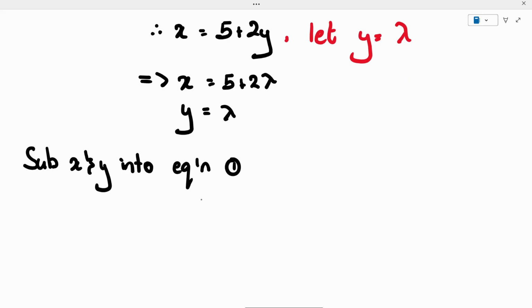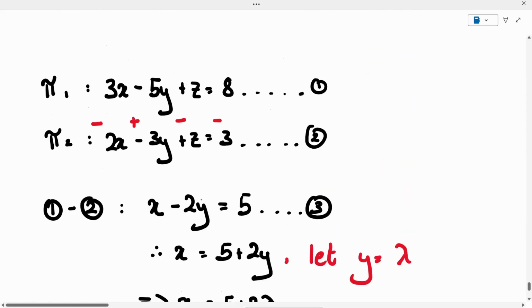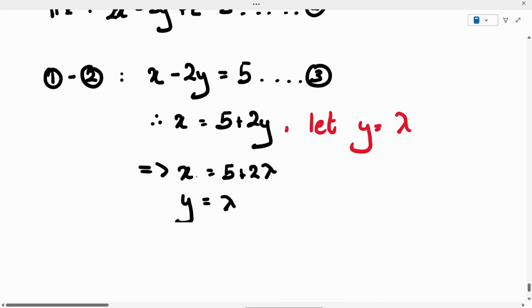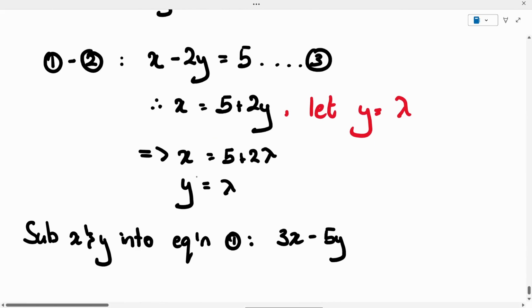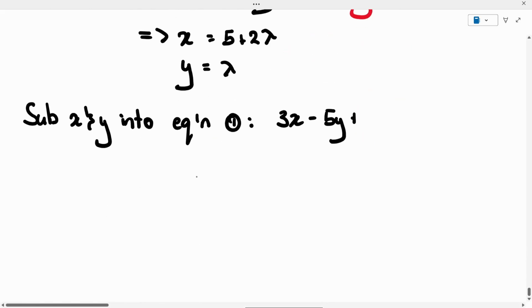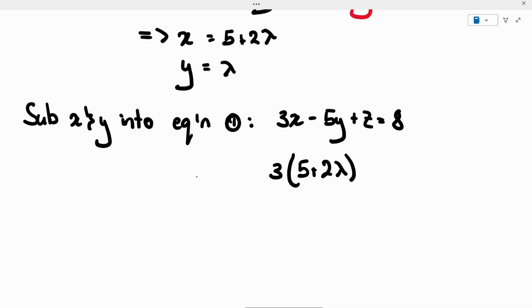equation 1. So remember, equation 1 now is the equation of a plane, right? So we have 3x minus 5y plus z equal 8. You could just substitute directly, right? But the 3x is 5 plus 2 lambda minus 5 times y is lambda plus z is equal to 8.